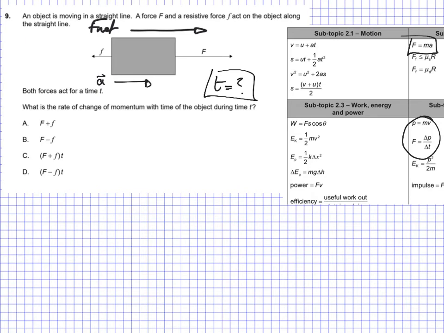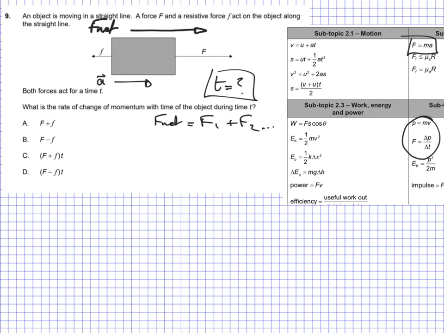We certainly want to start thinking about this as an F net, so we're going to do a sum of all the forces calculation, because ultimately we're going to be asked to give an answer in algebraic form. Both forces act for a time. We've got to read this really carefully because it's asking what is the rate.